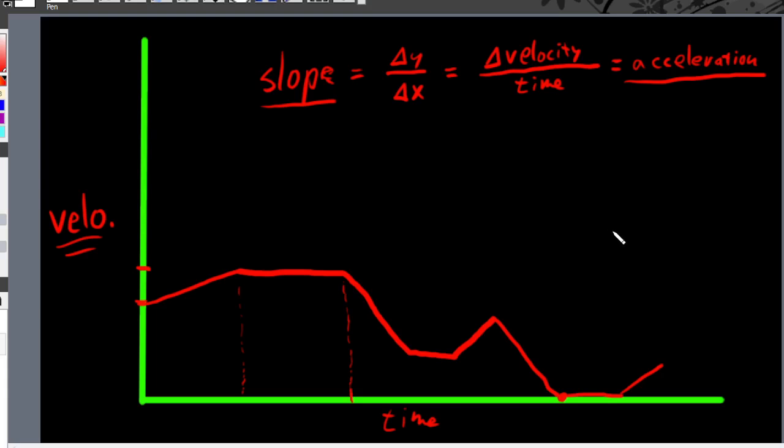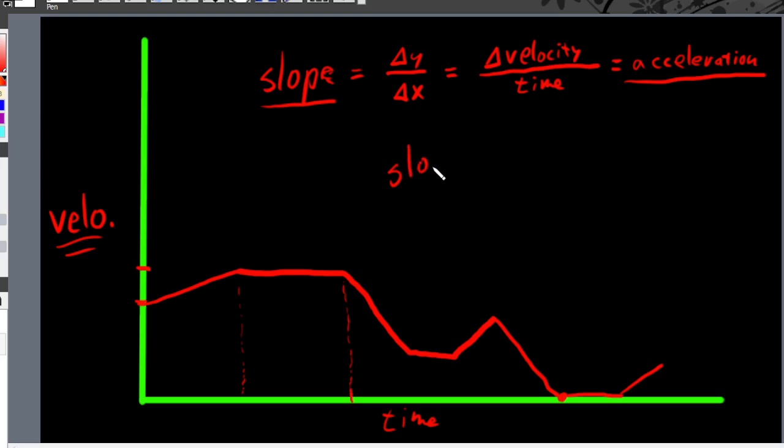What questions do we have about the slope of a position time graph or the slope of a velocity time graph? All right, I want to make one more point here before we finish up for this session, and that is that the slope of any graph, S-L, okay, that's no good.